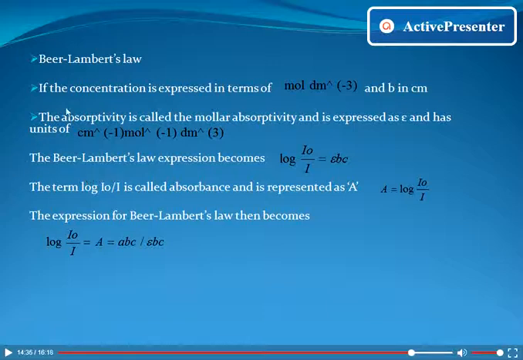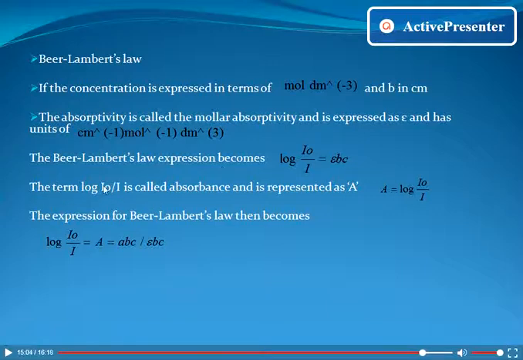So we can represent the law whereby log I naught divided by I is equivalent to epsilon B C. Epsilon is the molar absorptivity, B is the thickness, and C is the concentration of the sample in moles per decimeter cubed.